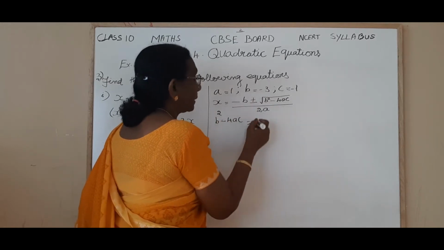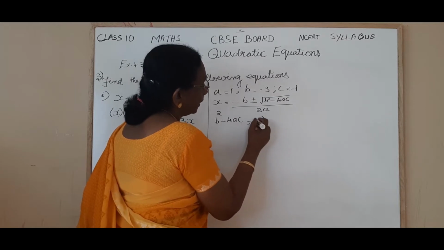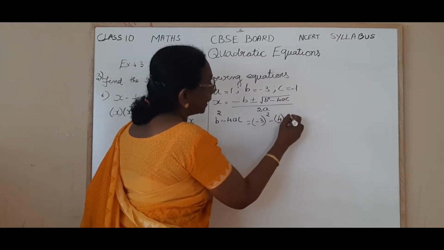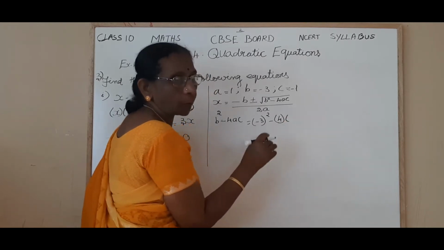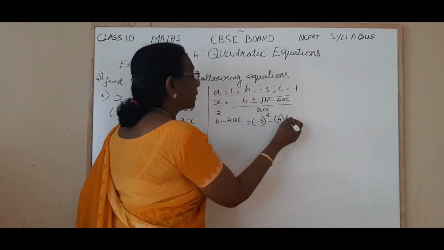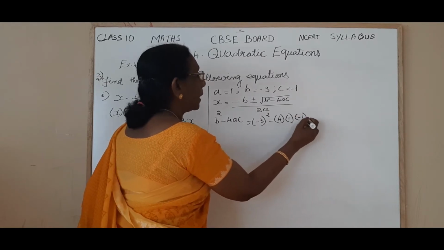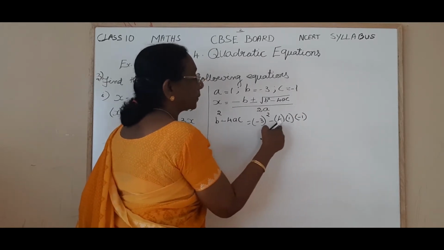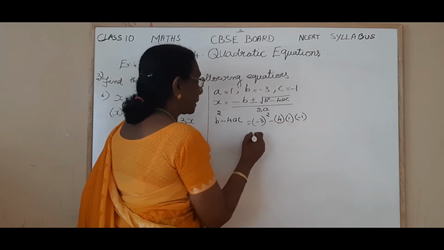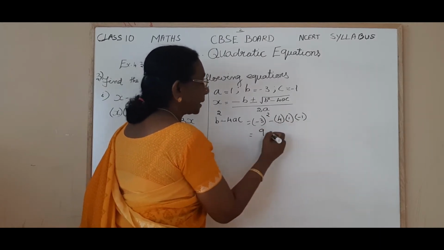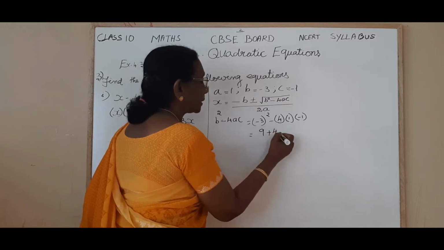What is b squared? Minus 3 the whole squared, minus 4 into, again we are writing inside the bracket to avoid confusion, a is equal to 1 and c is also minus 1. B squared minus 4ac: minus 3 the whole square is 9. Minus into minus is plus, 4 ones are 4.